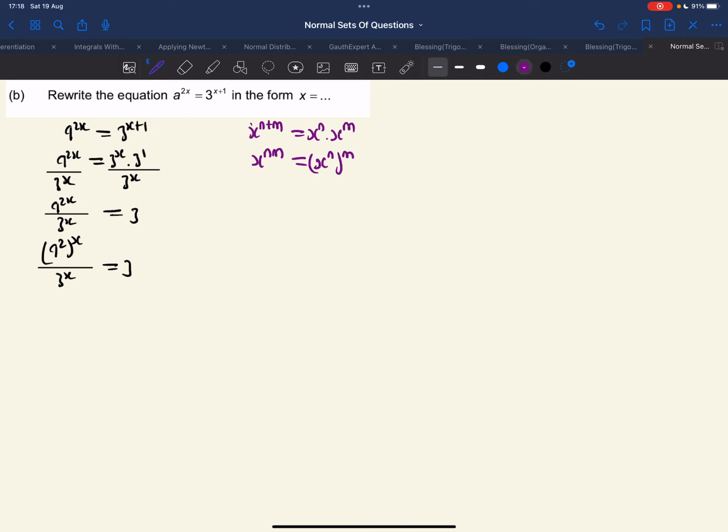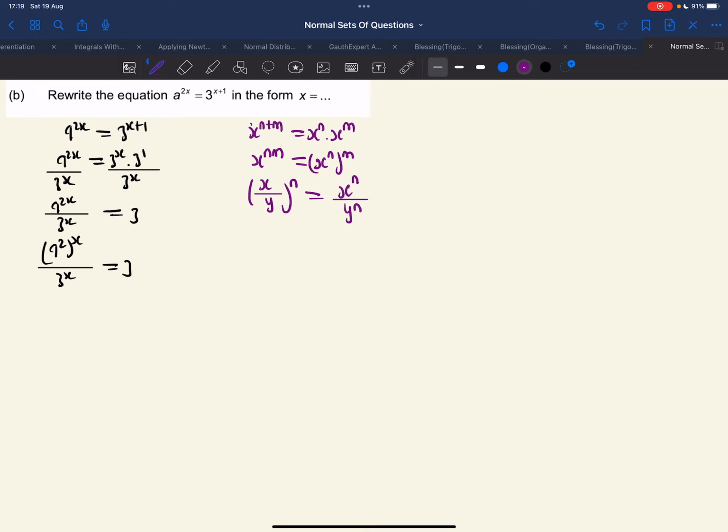Another rule in exponents is that if you have something like x over y, all to the power of n, it is basically the same as saying x to the power of n over y to the power of n.